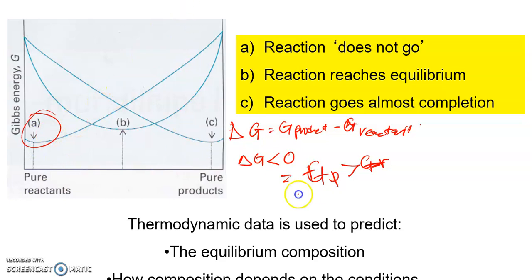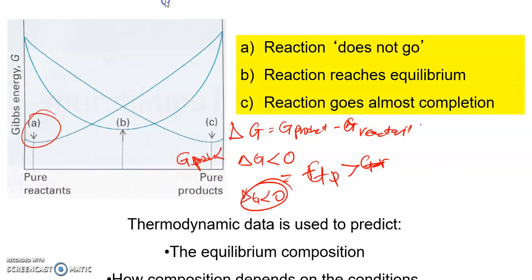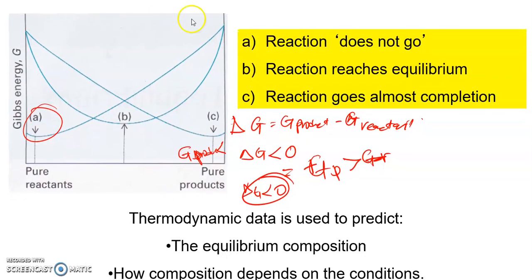However, if G product is less than G reactant, we will have a delta G less than 0. So that's why we can say that this reaction is able to proceed. For B, the reaction reaches equilibrium.